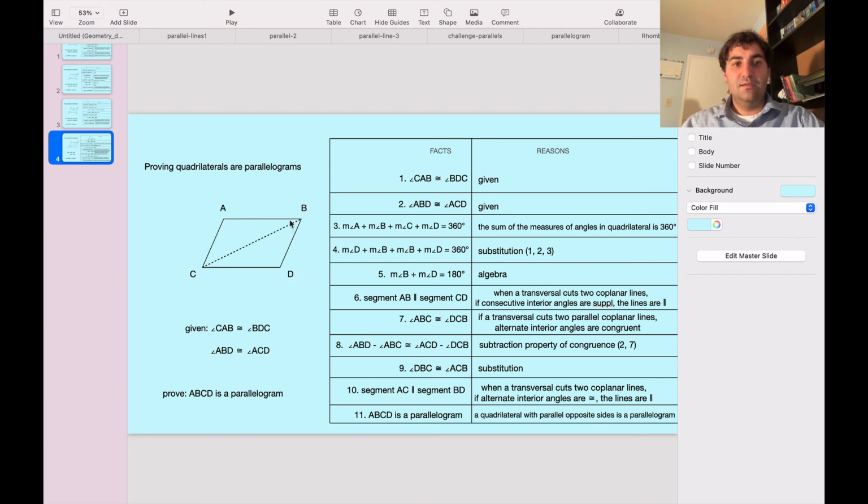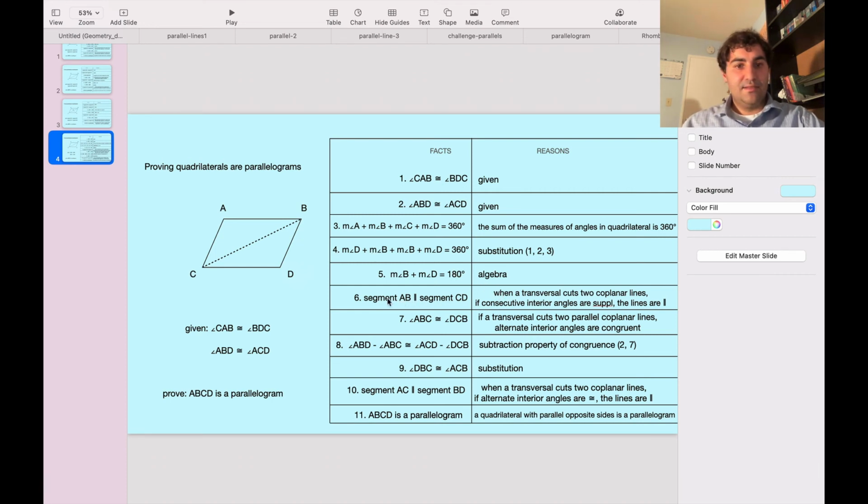So of two consecutive interior angles, in this case we'll use side BD as a transversal, right? And then side AB and side CD are going to be the lines. So this is the interior region, and when both angles are on the same side of the transversal and both in the interior region, they're called consecutive interior angles.